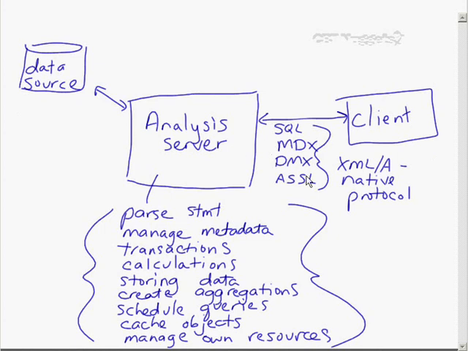It uses what we call the XML native protocol, and there are several ways that the client can communicate with this analysis server. Generally speaking, it can communicate using SQL, MDX, DMX, or ASSL. We'll talk about these 4 different ways of communicating later in our next nugget.